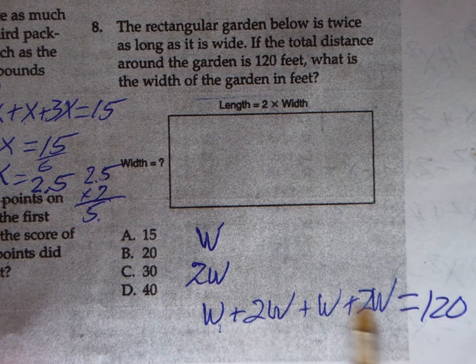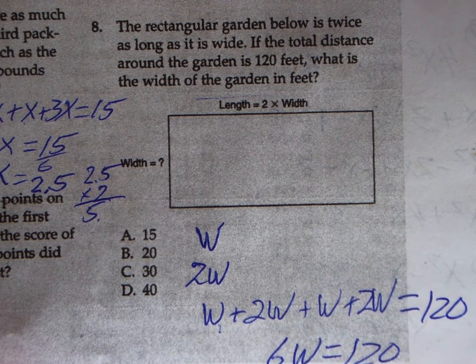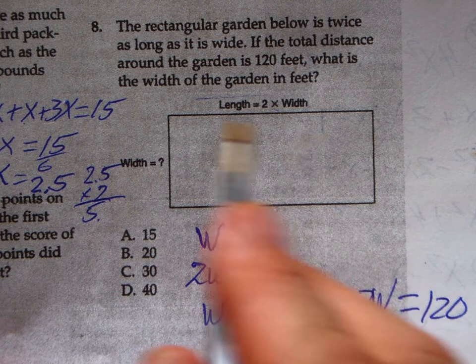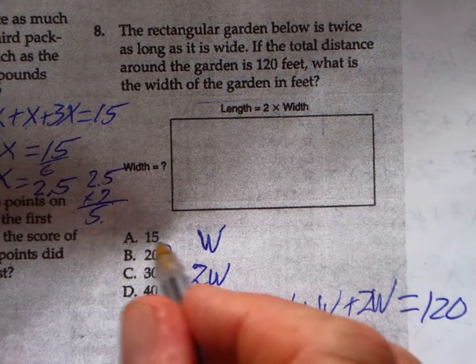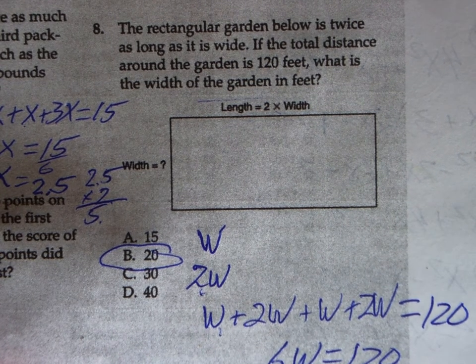W and 2W is 3W. 3 and 3 is 6W is equal to 120. How do you get W? You divide by 6. W is equal to 20. The width is 20. If it asked for the length, we'd have to say 40, twice the width. But it asked for the width, 20.